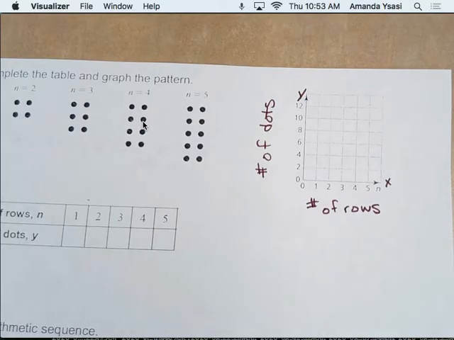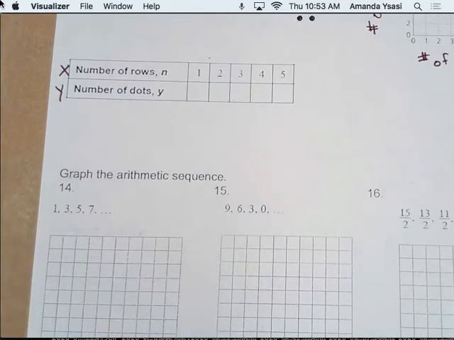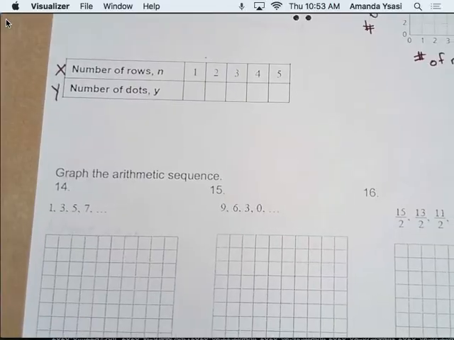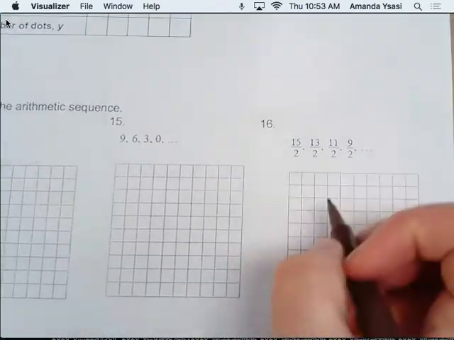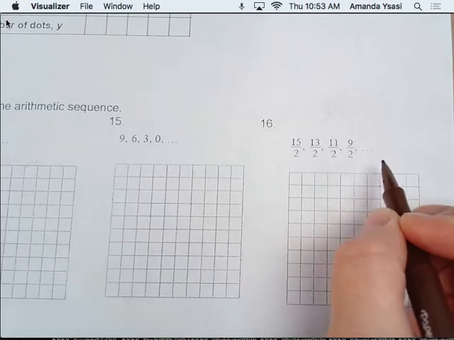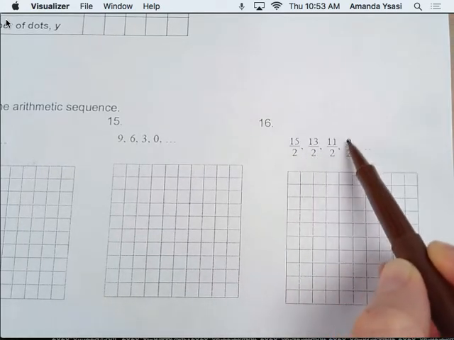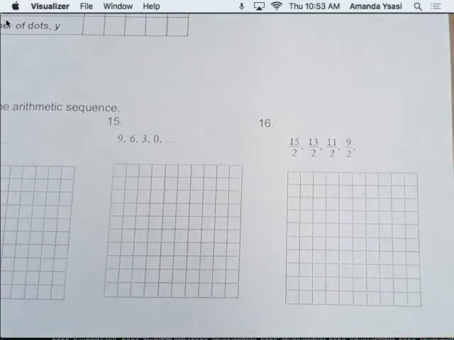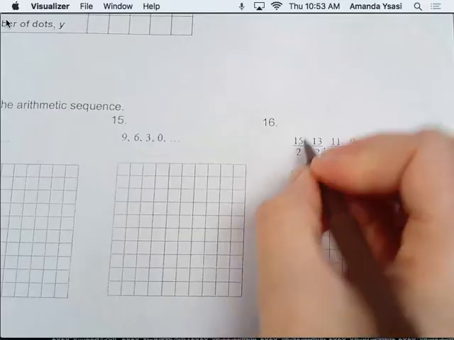Okay, let's do number 16. For 14 through 16, it says graph the arithmetic sequence. So we're going to do 16. So this is our sequence. So it's 15 over 2, 13 over 2, 11 over 2, 9 over 2. So this is my first term.